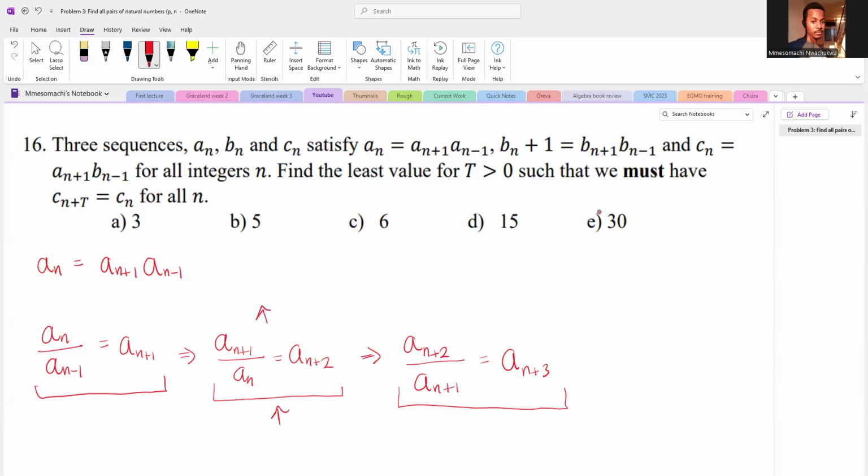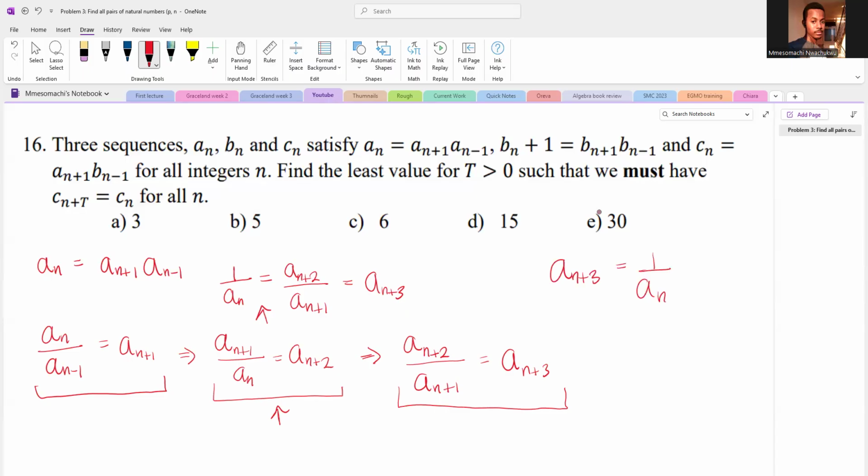We can see that 1 over a(n) is equal to a(n+2) divided by a(n+1), and that is equal to a(n+3). So we have a(n+3) is equal to 1 over a(n).